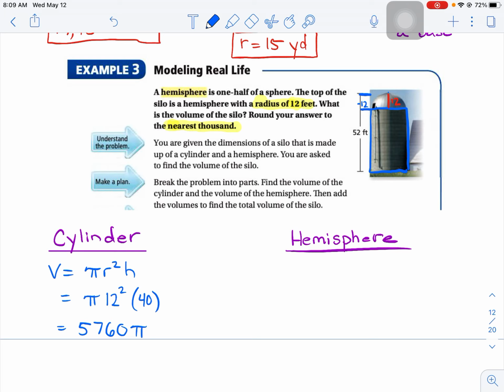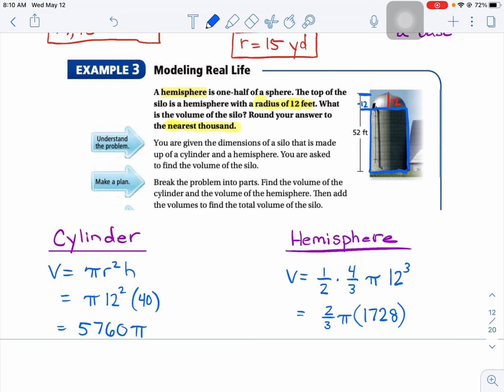Now if I look at the hemisphere, the hemisphere is half of a sphere. So I'm going to do half times my 4/3 pi r cubed, where r in this case is 12. Half of 4/3 would give me 2/3, and 12 cubed is 1,728.